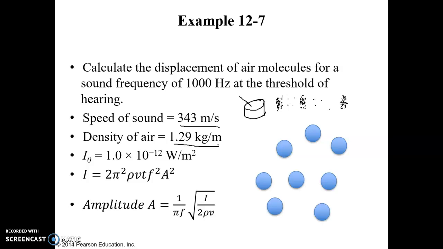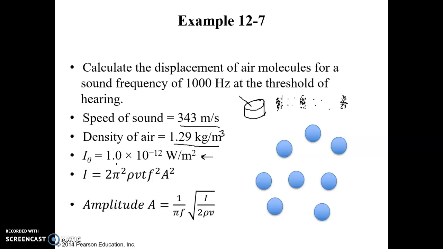Well, we might have to go back to our chapter where we talked about density of materials and find on that chart the density of air and see that it's 1.29 kilograms per cubic meter. And again, we've been using this as a constant for a couple problems so far.